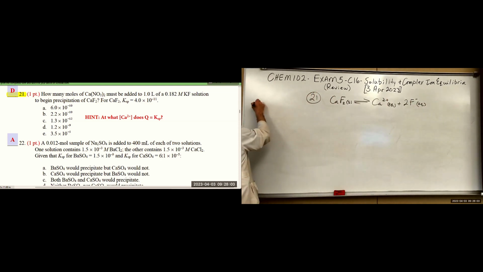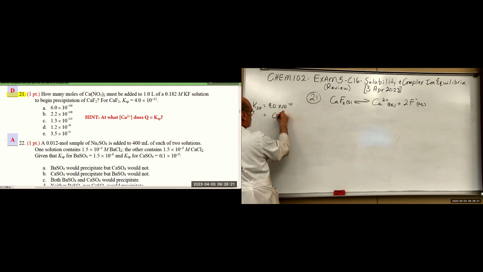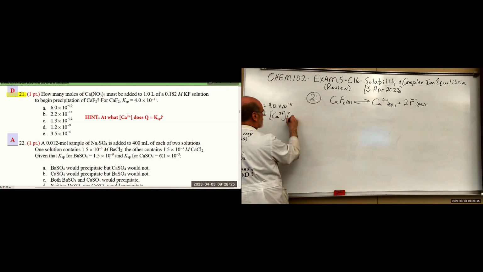And let's go ahead and put the KSP up here. 4 times 10 to the minus 11. And that's going to be equal to calcium and fluoride squared.